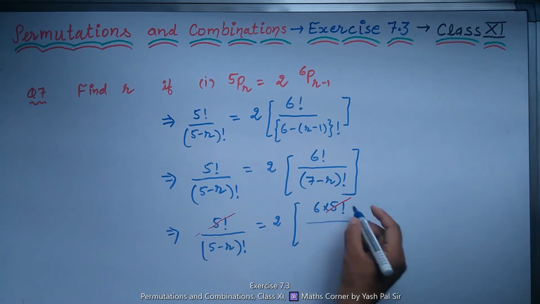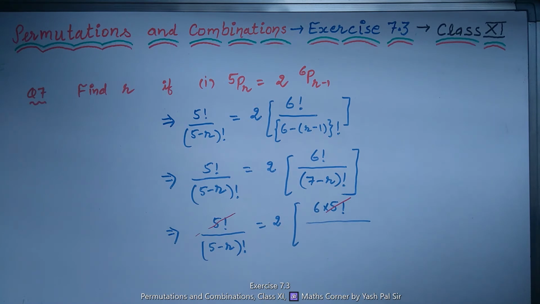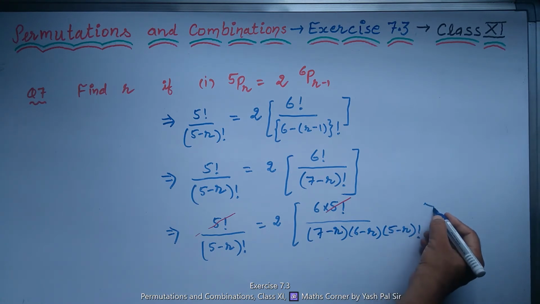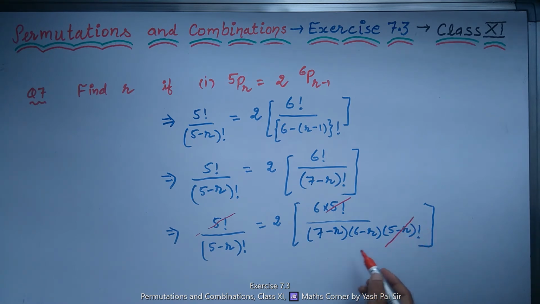In the denominator also we have (7 minus r)!, which becomes (6 minus r) and again subtracting 1 becomes (5 minus r)!. Why are we coming up to this? Because here also we have (5 minus r)! on the left hand side, so it cancels.